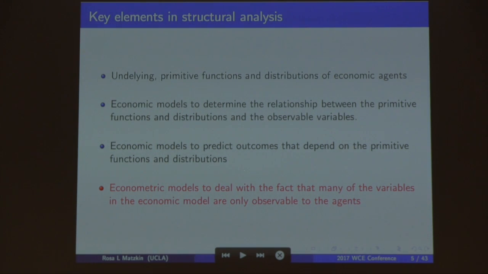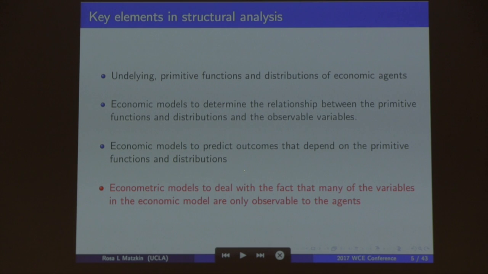Econometrics comes into play because many of the variables are unobservable, so we do need to deal with them, and those are the variables that can create problems. We still want to get functions or distributions, but what we observe is affected by these unobservable variables.